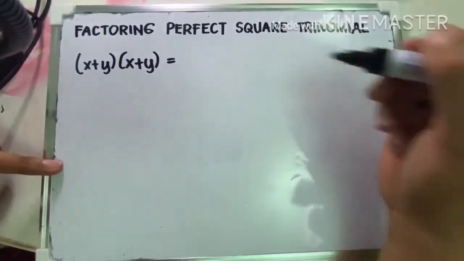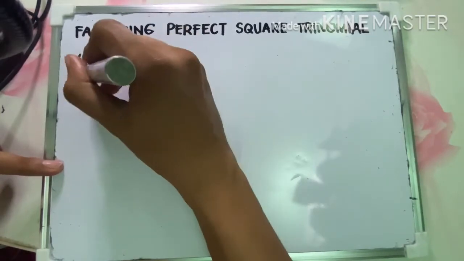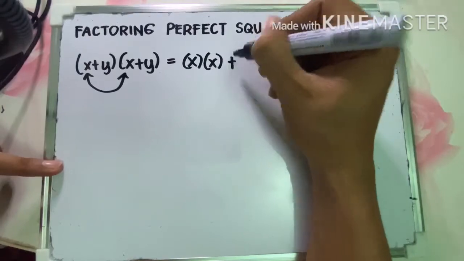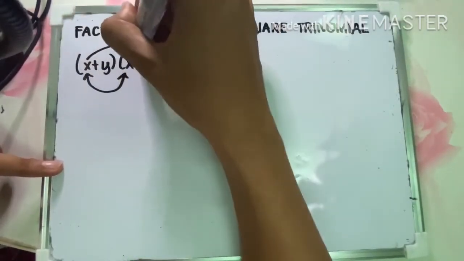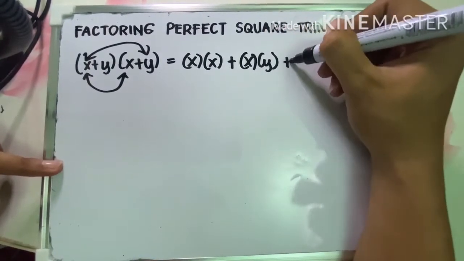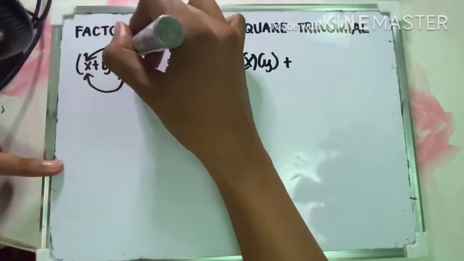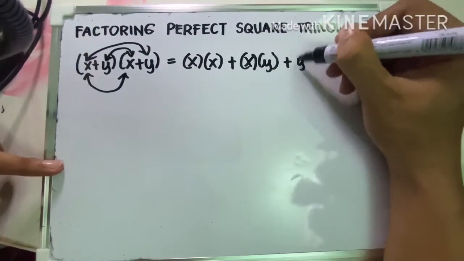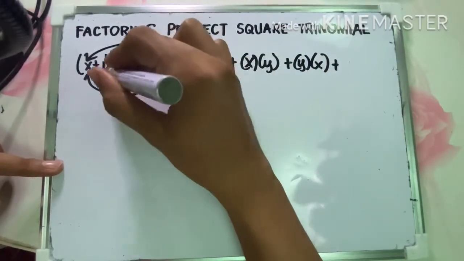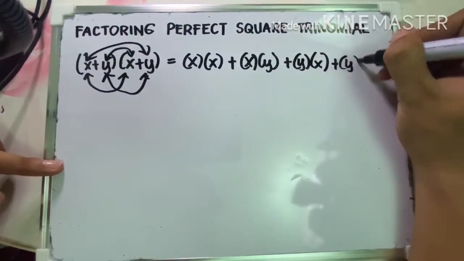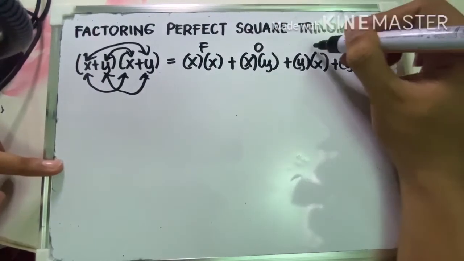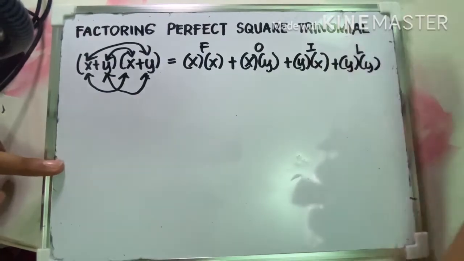By using the FOIL method, multiply the first terms, x times x, plus multiply the outer terms, x times y, plus multiply the inner terms, y times x. Next, multiply the last terms, y times y.